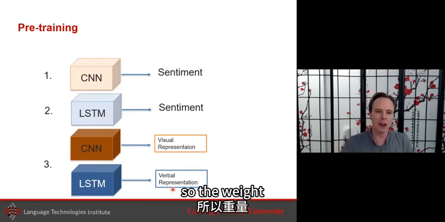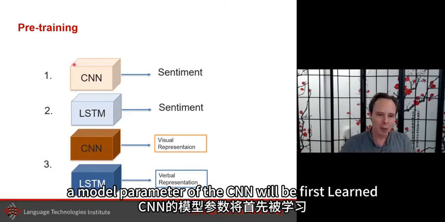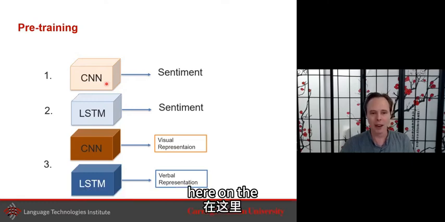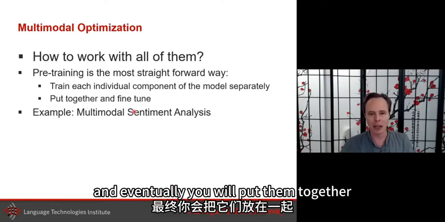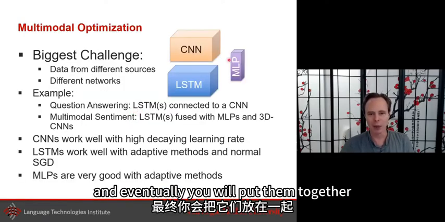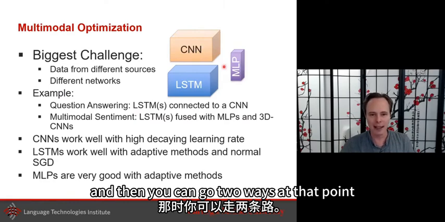So the weight model parameters of the CNN will be first learned here for the CNN, and then separately for the LSTM, and eventually you will put them together, and you can go two ways at that point.